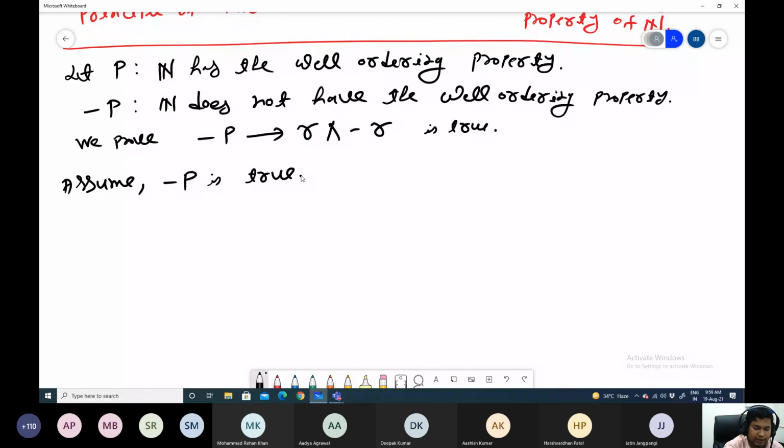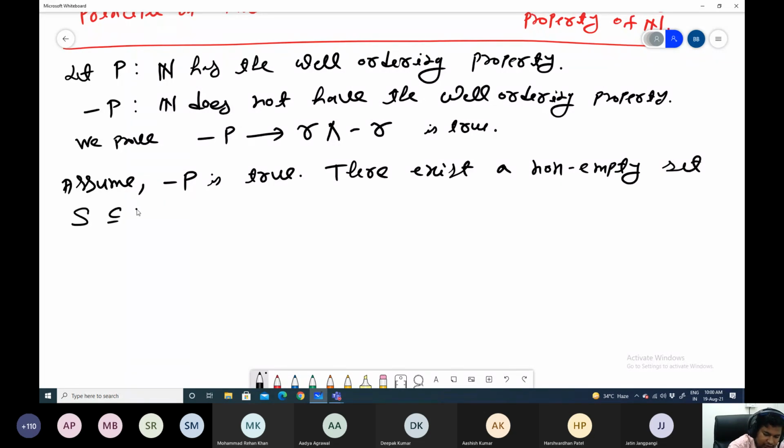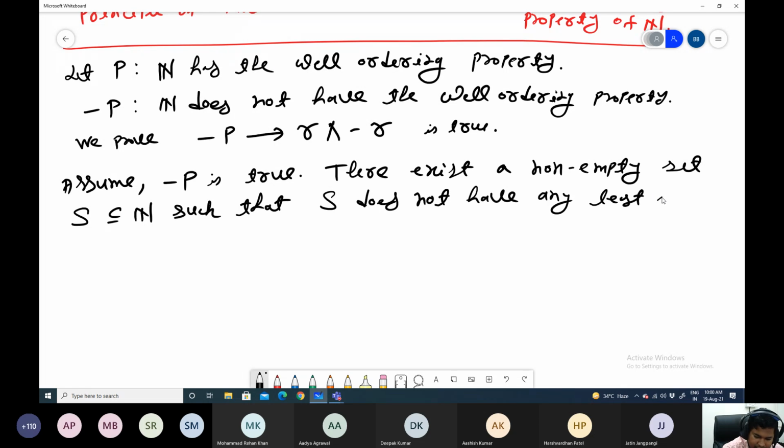Then we can say that there exists a non-empty set S, a subset of natural numbers, such that S does not have any least element, right?